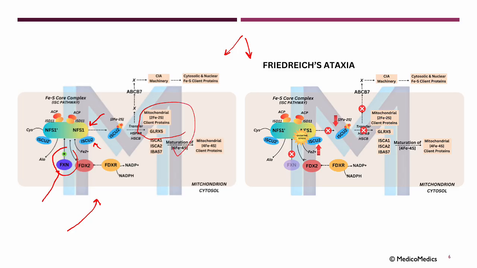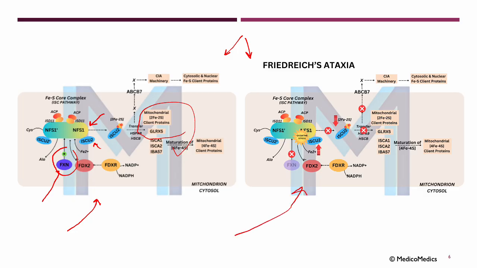And this helps deliver these clusters to mitochondrial proteins. So all in all, what does it mean? It means that the mitochondria act like a factory producing these iron-sulfur clusters, and these are essential power sources for key proteins that keep cells running smoothly. And frataxin is a critical worker in this factory, helping the whole process to run efficiently.